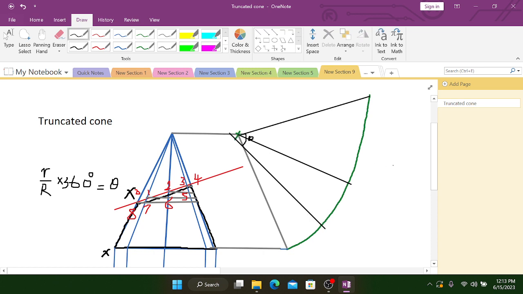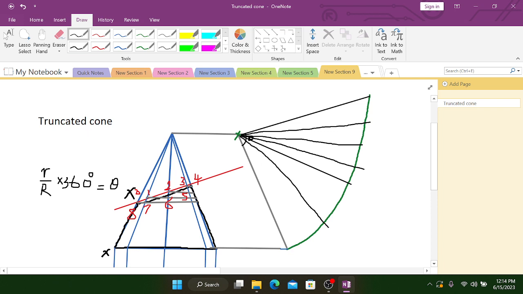Now I want to divide this one into 8 equal parts: 1, 2, 3, 4, 5, 6, 7, 8.